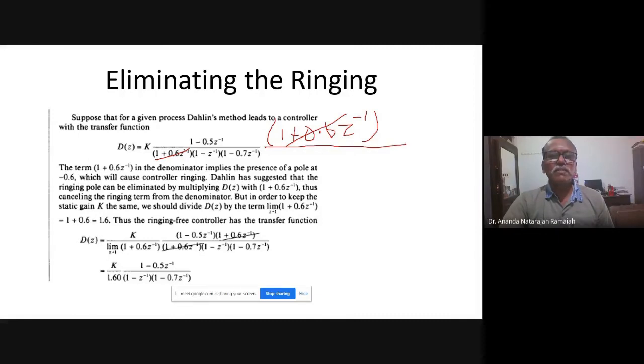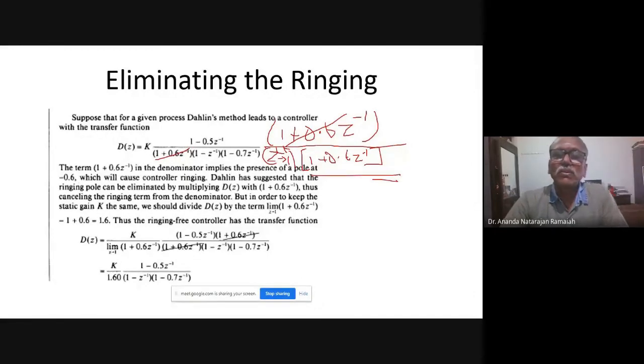So to compensate for its steady state magnitude, you put z tends to 1 in a limiting case. Limit z tends to 1, you write 1 plus 0.6 z power minus 1 in the denominator. Then this is the steady state value.